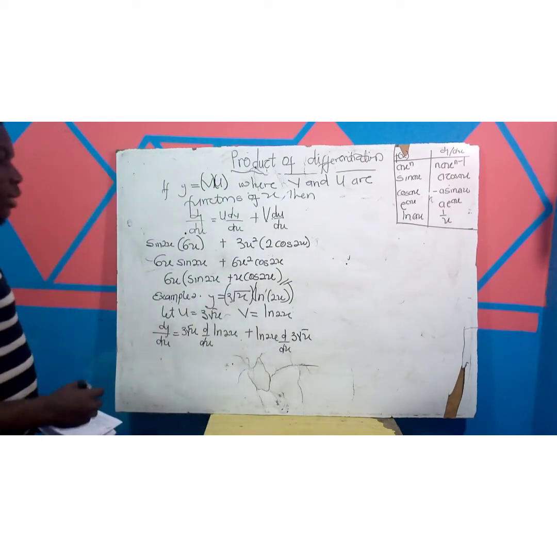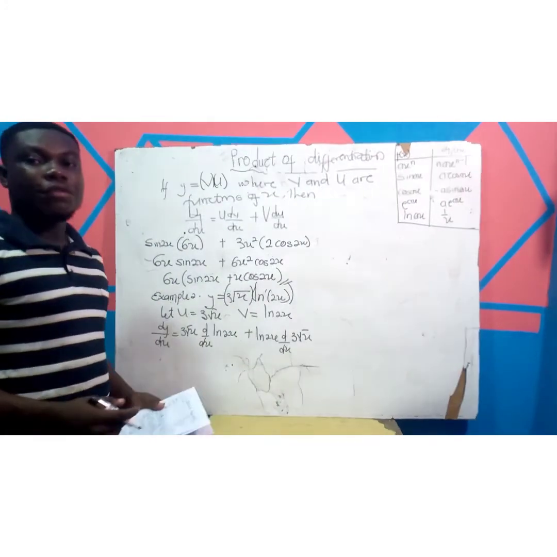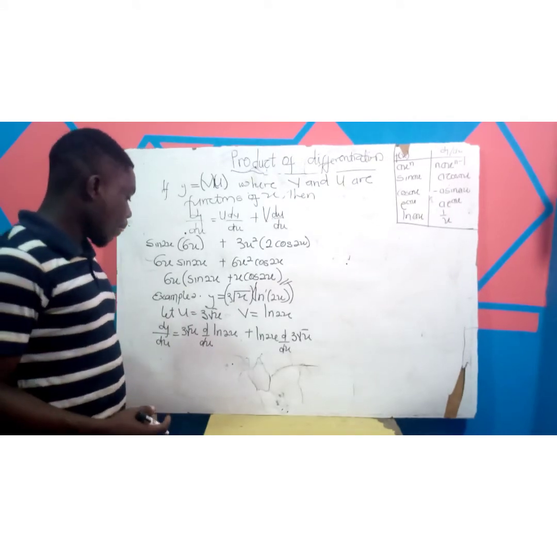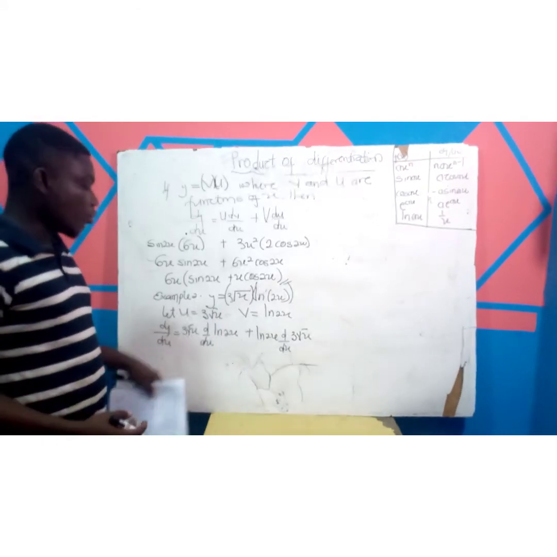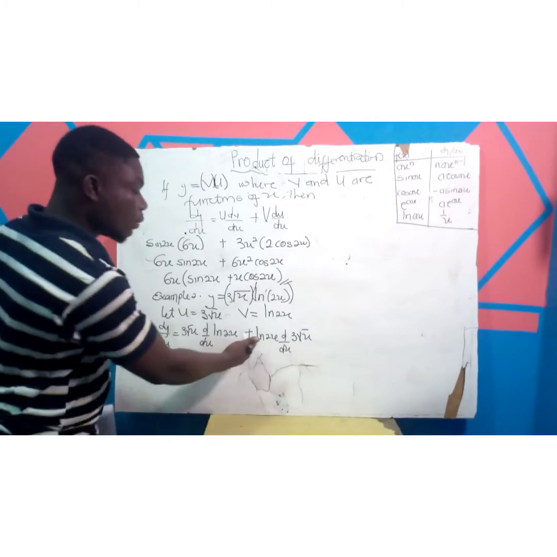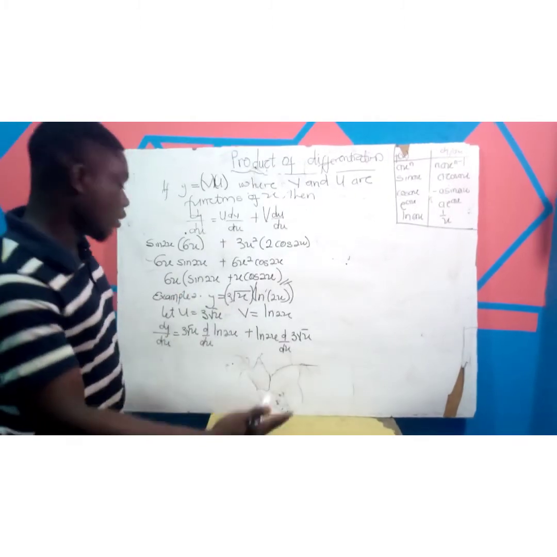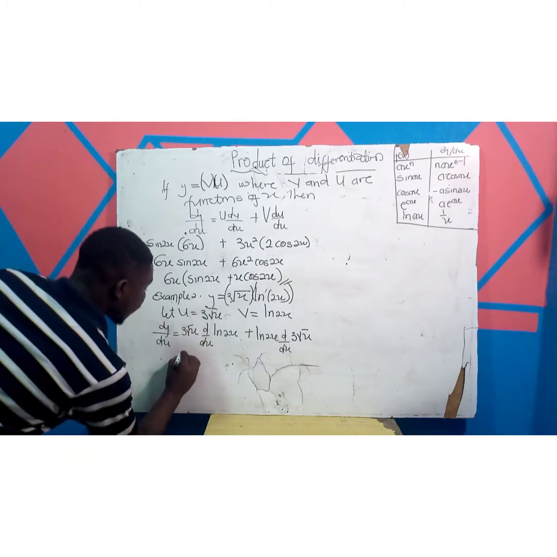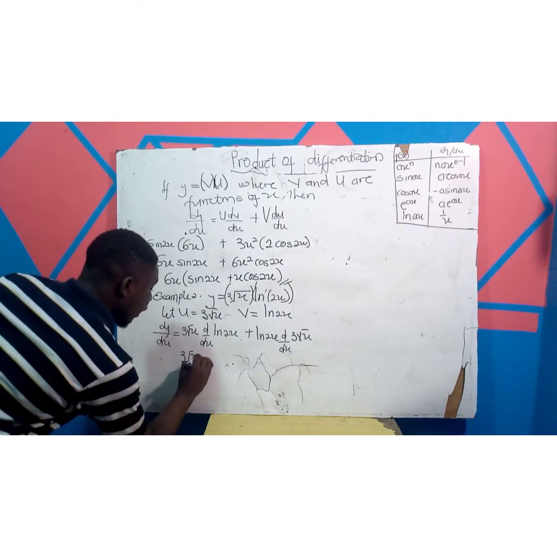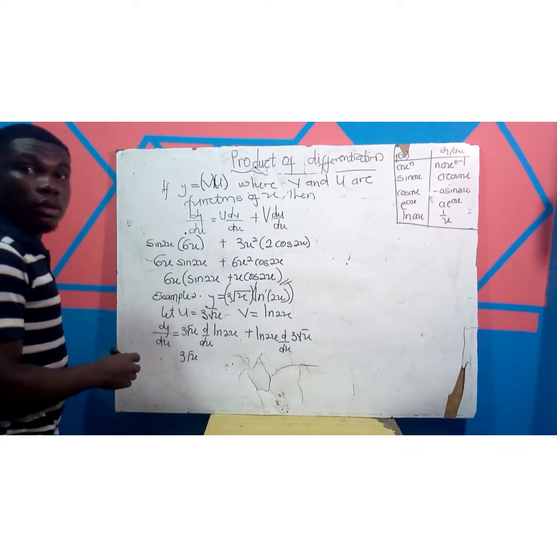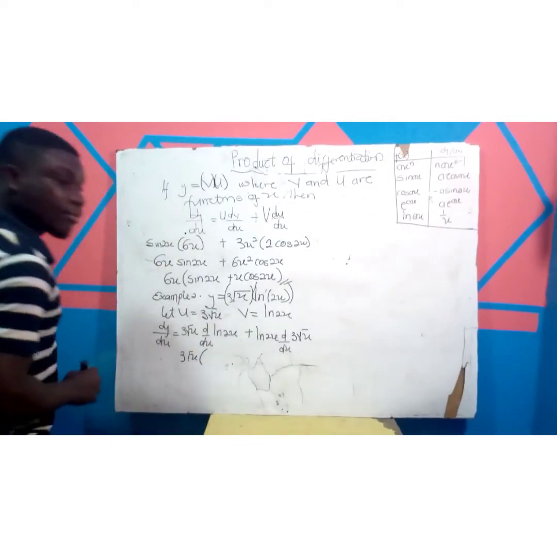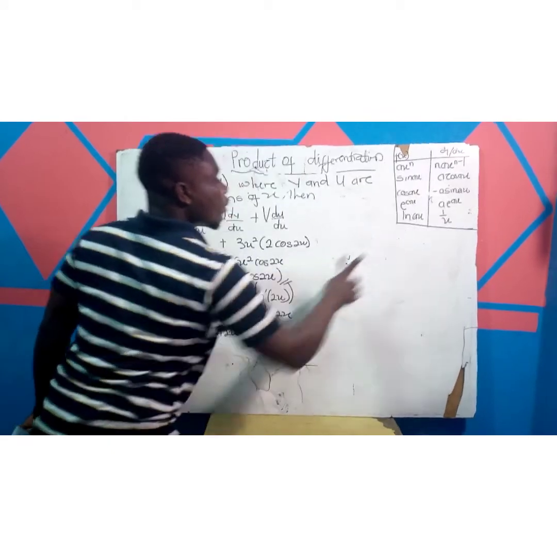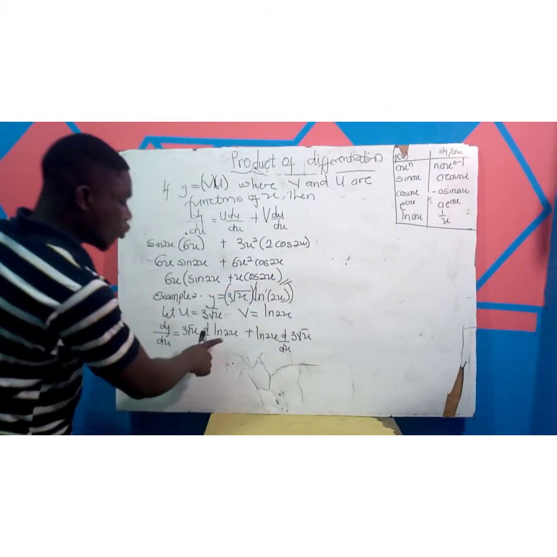Now we're going to do our differentiation. To differentiate that, we keep one constant and differentiate the other, then keep the other constant and differentiate the next. If you keep 3 root x constant, you have 3 root x in a bracket, and ln 2x differentiates.